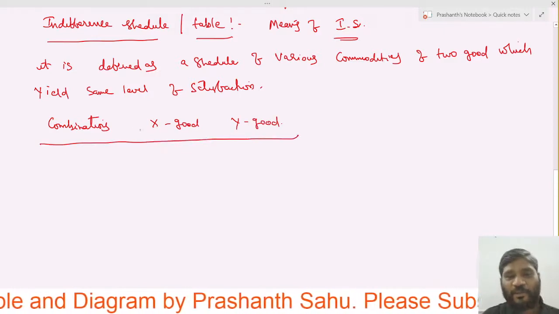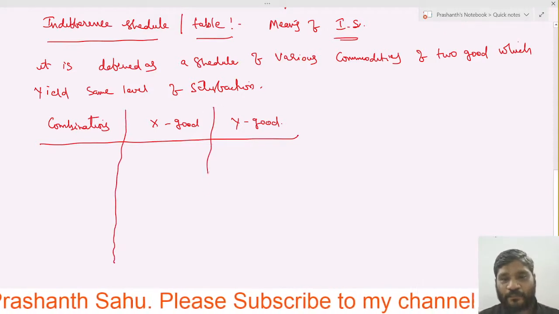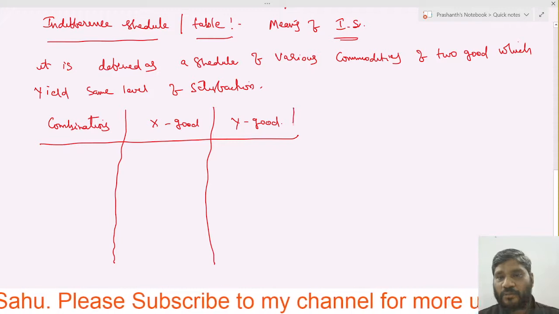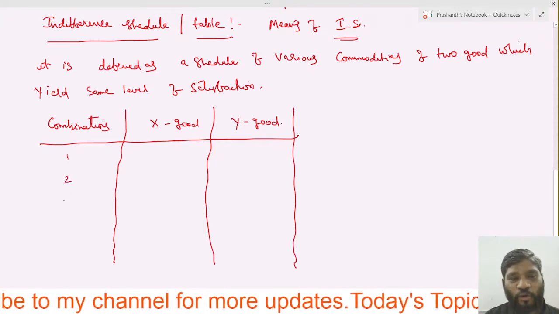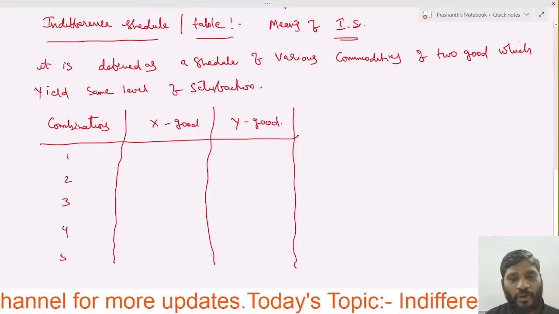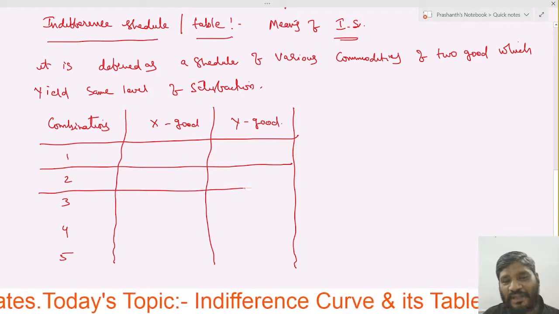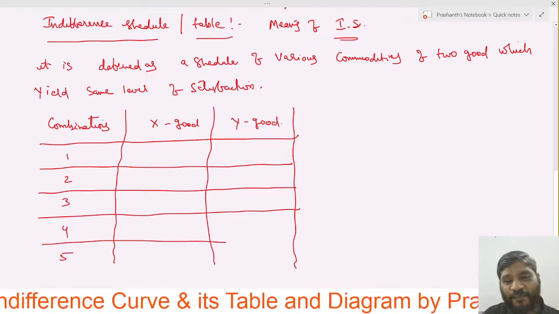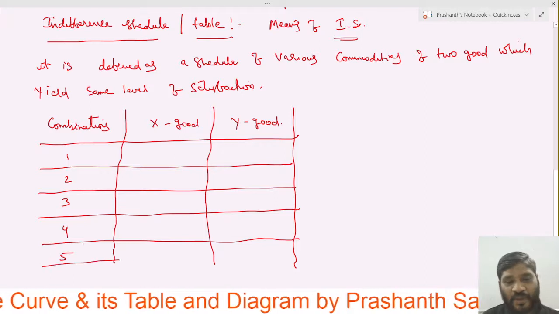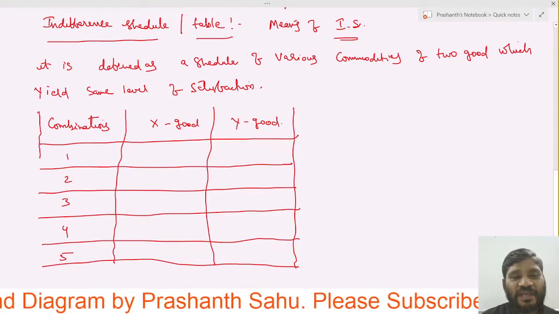So let me prepare one small table, with combinations 1, 2, 3, 4, 5. Now let me join the lines for different combinations so that you can understand it much better. So here I have taken the combinations.